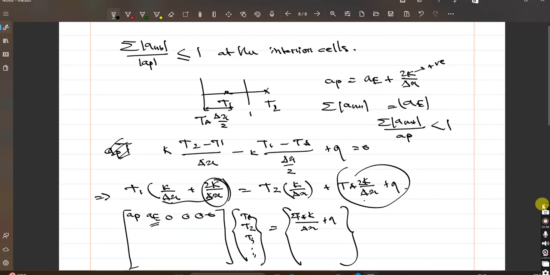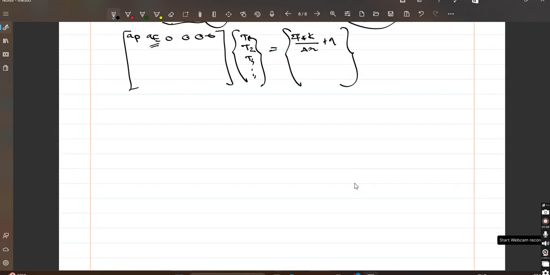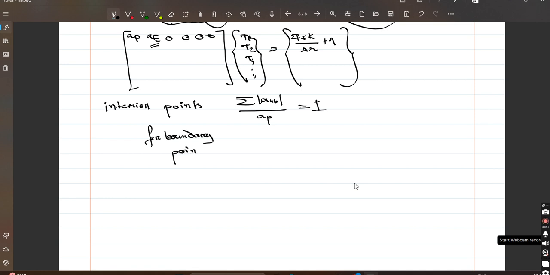So now we have these two conditions, right? For the interior points, the ratio is 1, and for boundary points, this will be the same for the right side boundary also, this is less than 1.